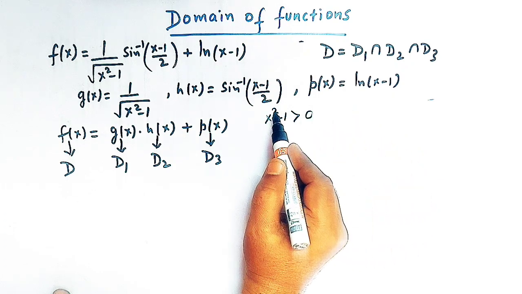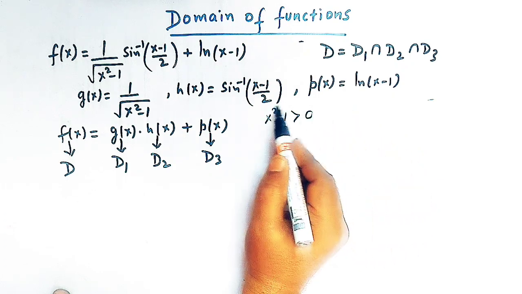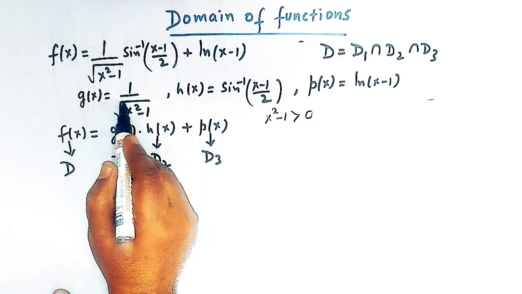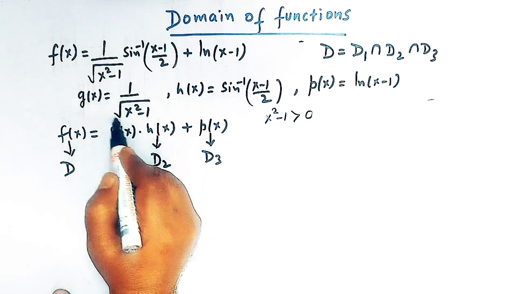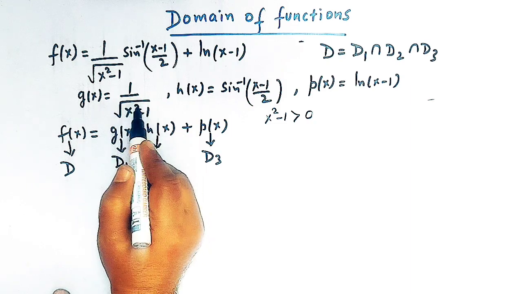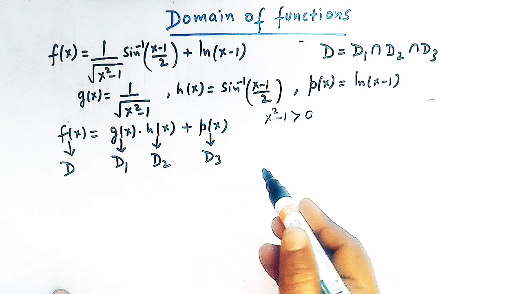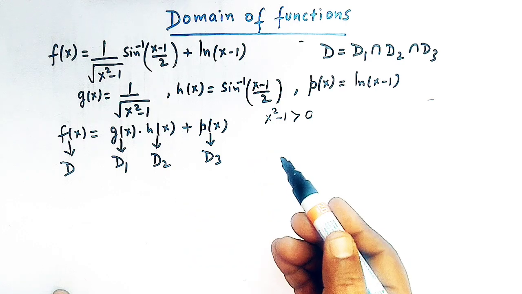Because x square minus 1 is inside the square root sign, and inside the square root sign we must have a positive quantity, because the square root of positive quantities are defined in the set of real numbers.